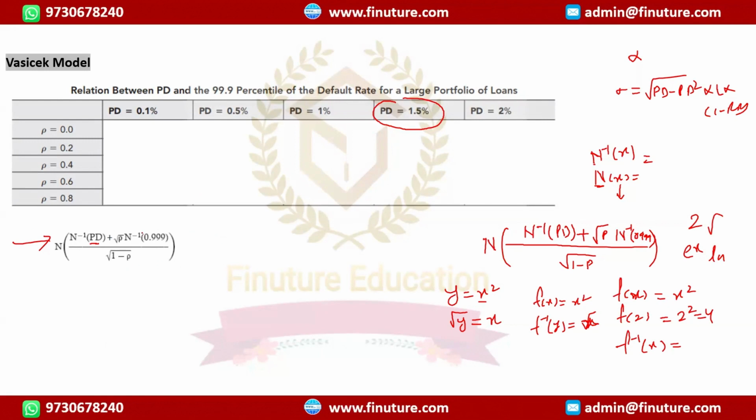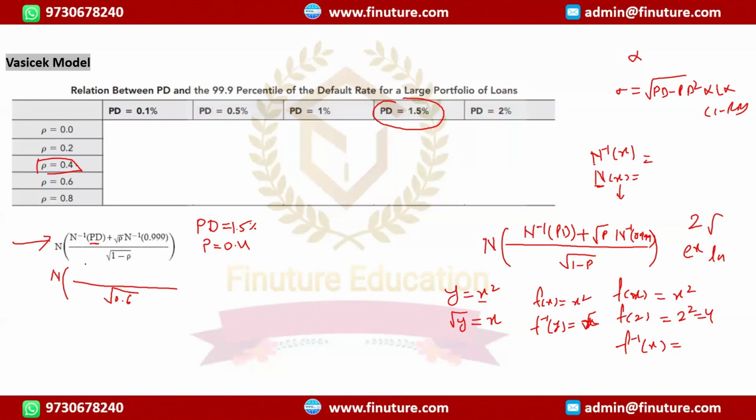So let's talk about when your PD is 1.5% and when your correlation is 0.4. I'm considering this pair, 0.4 and 1.5%. Let's see what my WCDR is. I will proceed with the same formula, N of, as I said, under root of 1 minus 0.4, so it would be under root of 0.6.